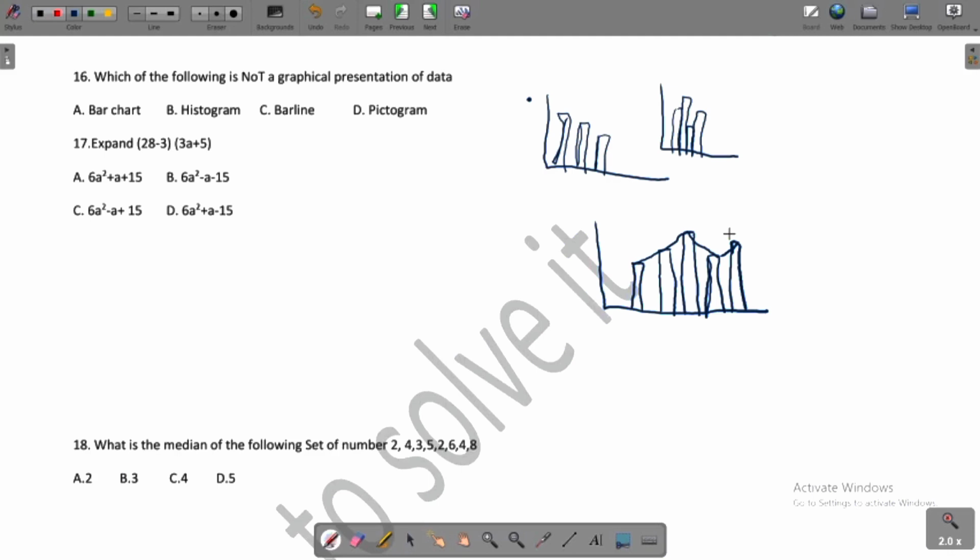But if you look at a pictogram, let me put it this way. Maybe you have two, let's say two oranges. Maybe you have four. You're having four oranges. What are you doing here?